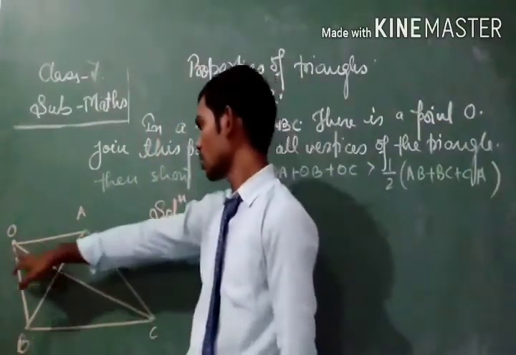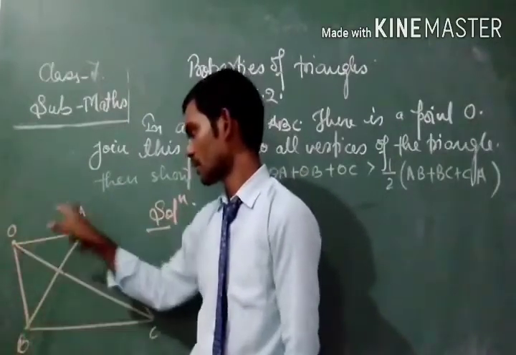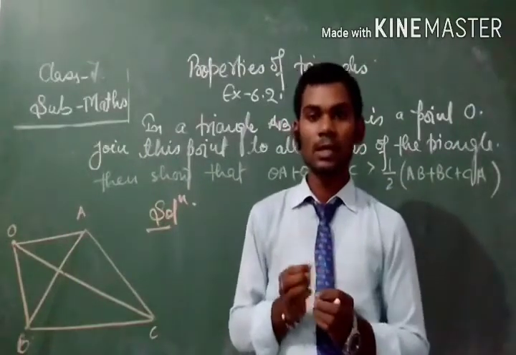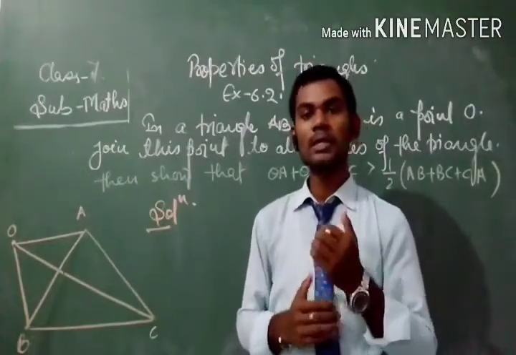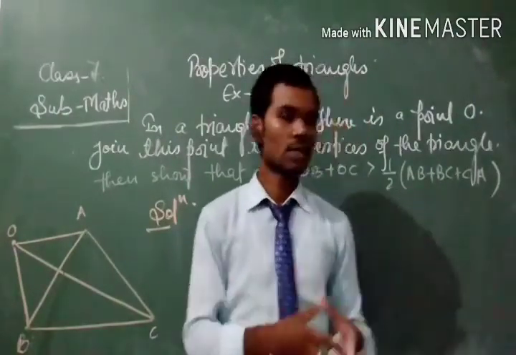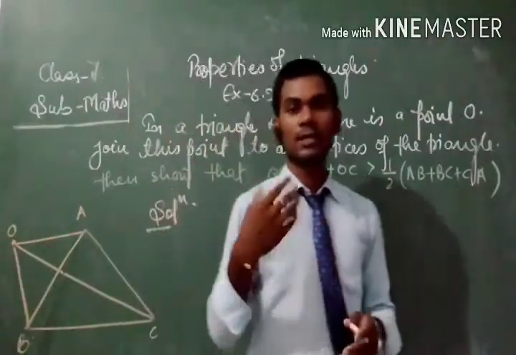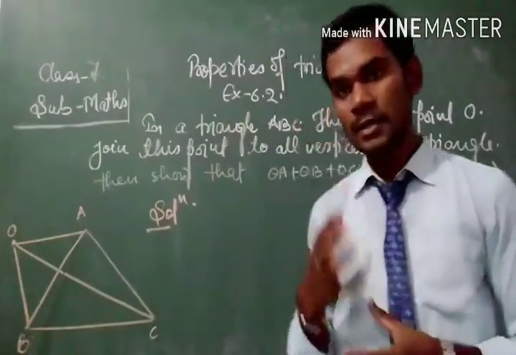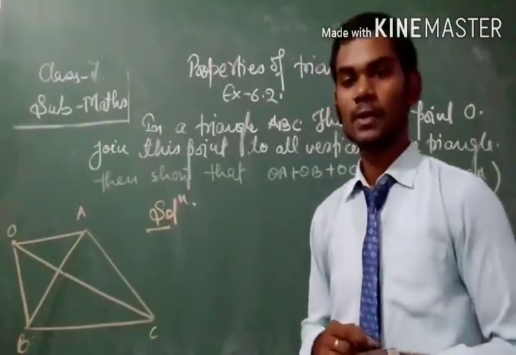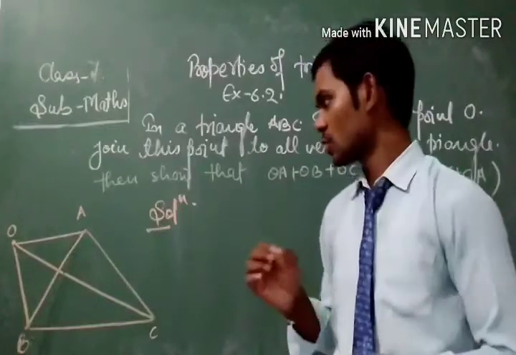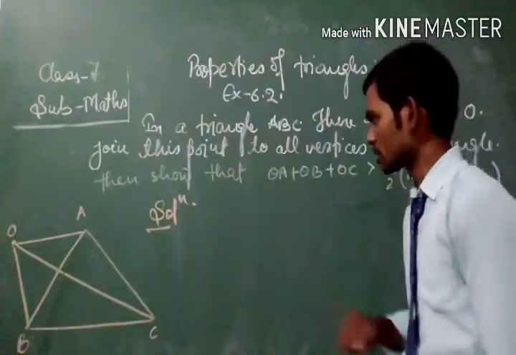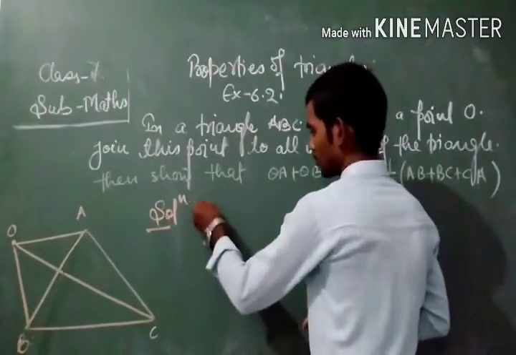And the last is OAB, the third triangle. From each triangle we apply the third property of the triangle, which says that the sum of two sides is always greater than the third side. Using this property we can prove our hypothesis.